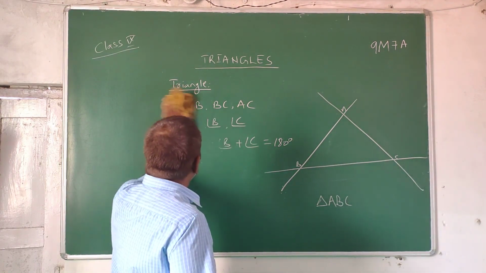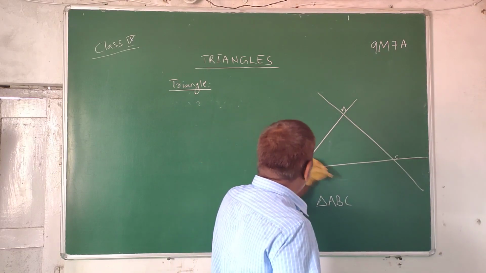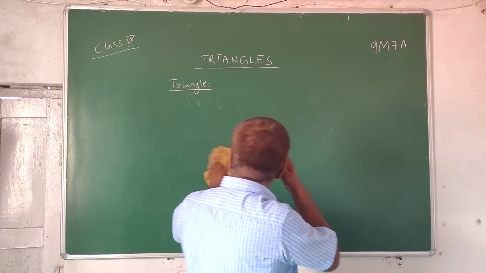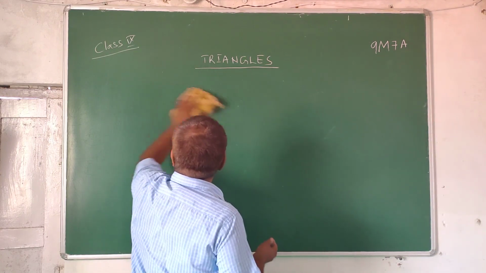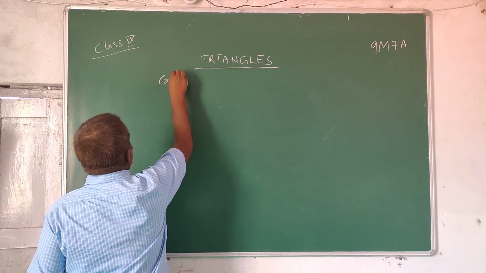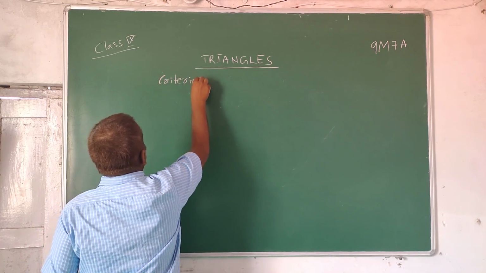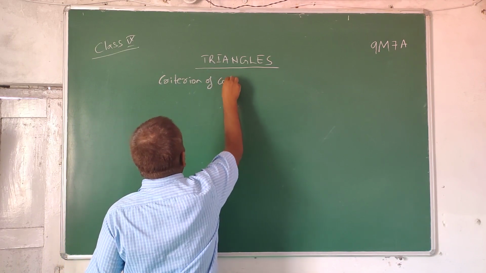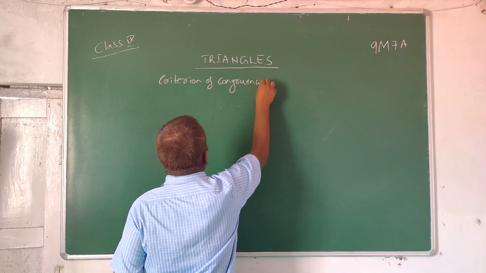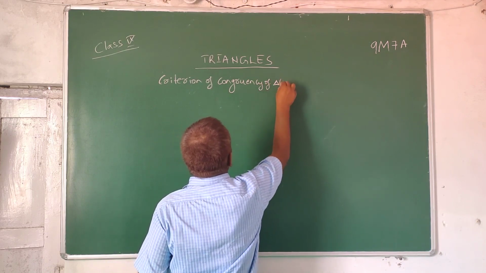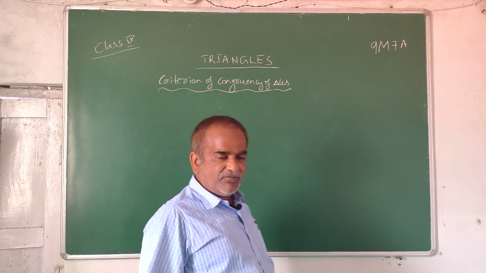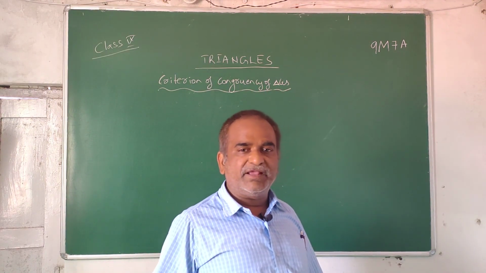Coming to the next point, congruency of triangles. Criteria of congruency of triangles. When are two triangles said to be congruent?